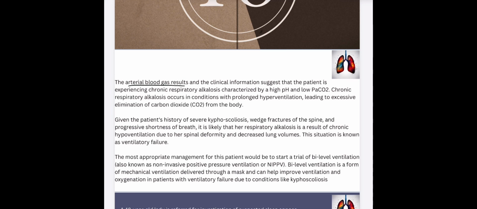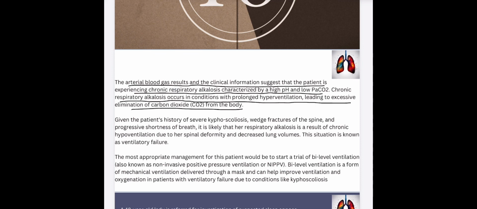The ABG results and the clinical information suggest that the patient is experiencing a chronic respiratory alkalosis characterized by high pH and low PaCO2. Chronic respiratory alkalosis occurs in conditions with prolonged hyperventilation leading to excessive elimination of carbon dioxide from the body. Given the patient's history of severe kyphoscoliosis, wedge fracture of the spine, and progressive shortness of breath, it is likely that a respiratory alkalosis is a result of chronic hyperventilation due to her spinal deformity and decreased lung volume.